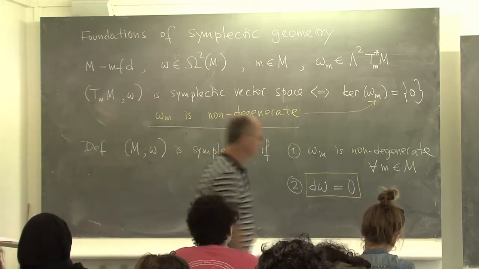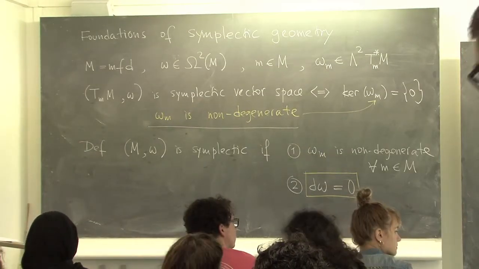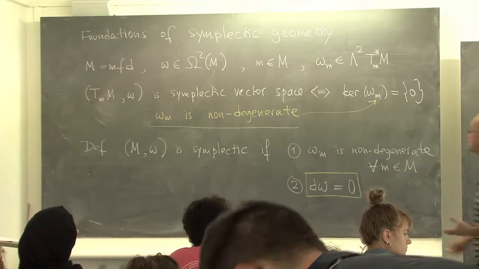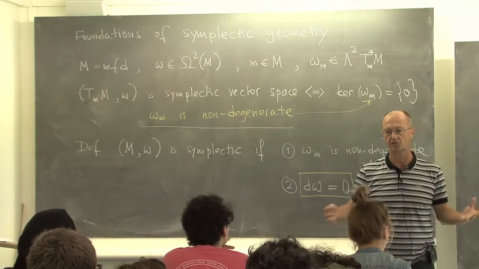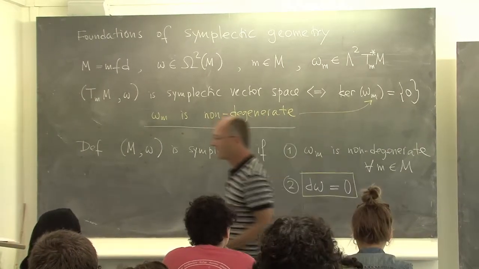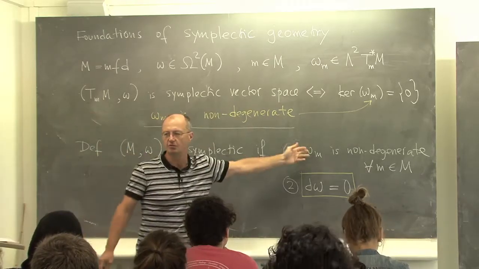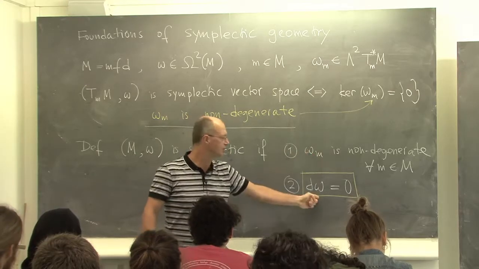This definition is not completely obvious to start with, but it is a very, very successful definition, a hugely successful definition, which gave rise to a big field of mathematics. It's not clear why a 2-form, why not a 3-form or 5-form or 1-form, why closed.